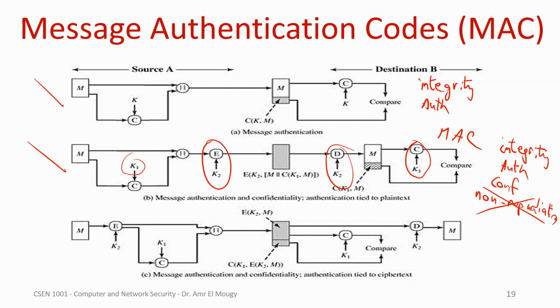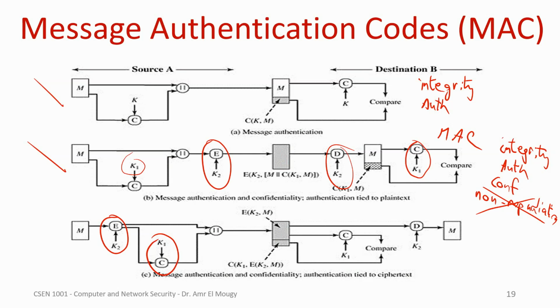The third one that we have here is that if you flip the order of encryption, so first you have the message, you encrypt it with K2, and then you take the encrypted message and you use it to generate a message authentication code. In this case, the message authentication code is not generated for the message, but generated for the encrypted message. Okay.